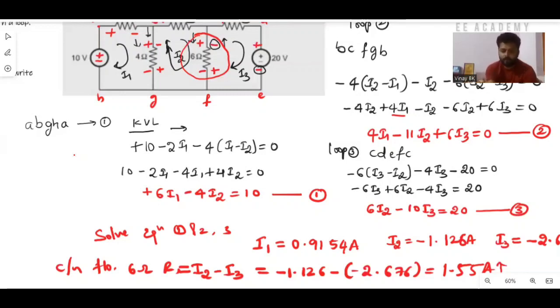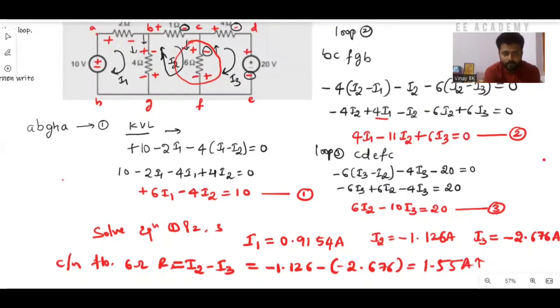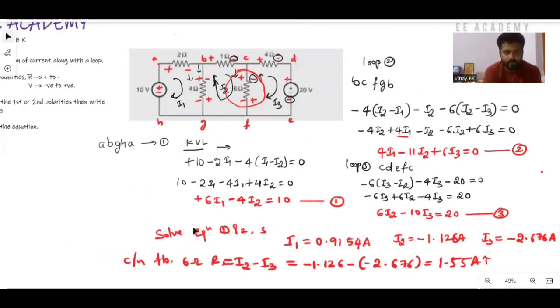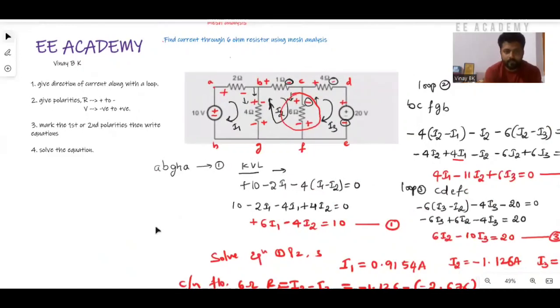So this is how we solve the mesh analysis method with a simple example. If you want a glance, I will tell you once again within a second. First we need to give the direction of the loop. Just the steps you need to follow again.